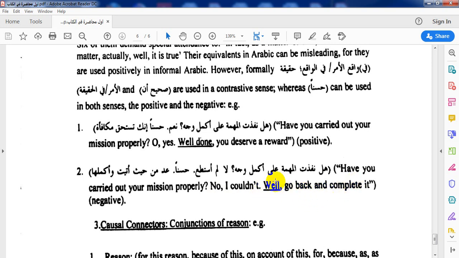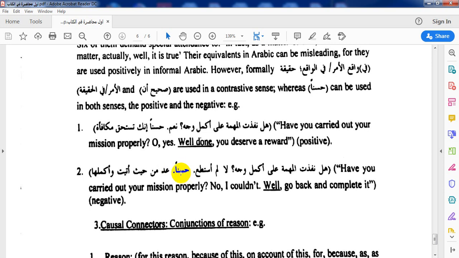So well here is used negatively by the speaker. هل نفذت المهمة على أكمل وجه؟ لا لم أستطع. حسنا عد, which means I don't agree. You haven't done your work properly, so I don't feel good toward you.